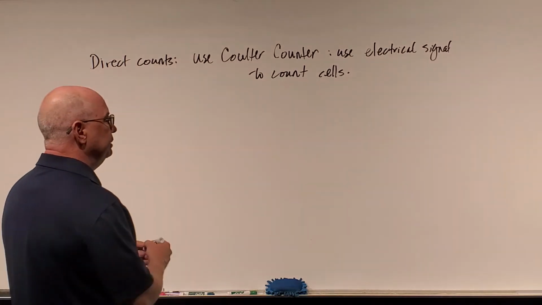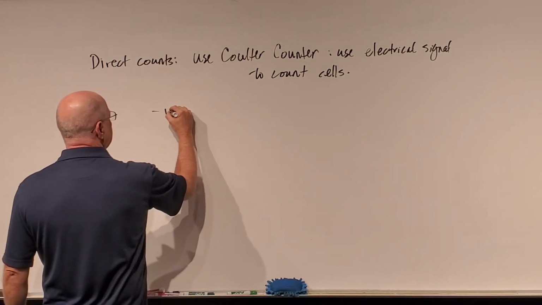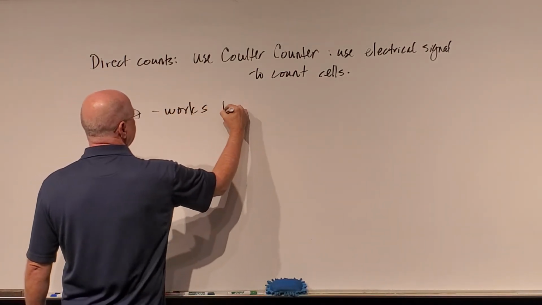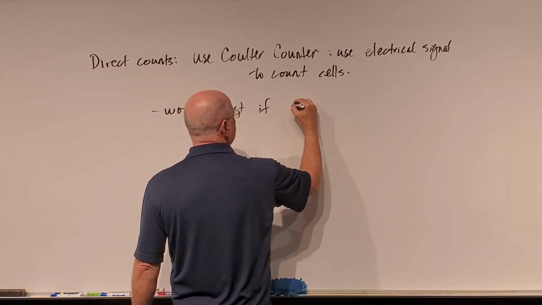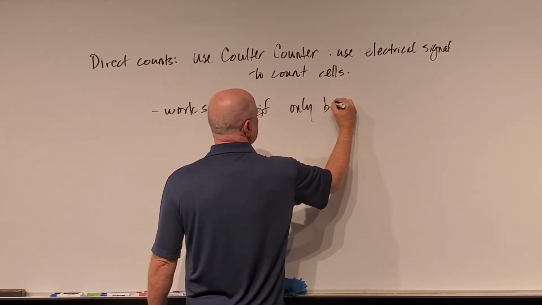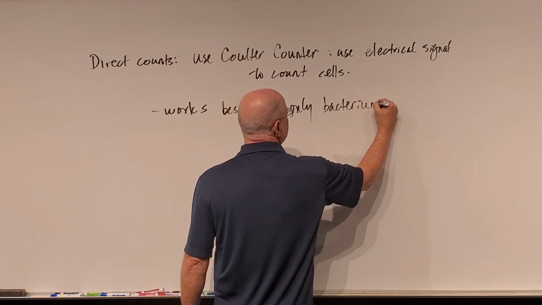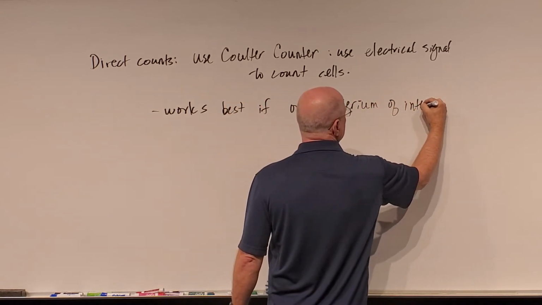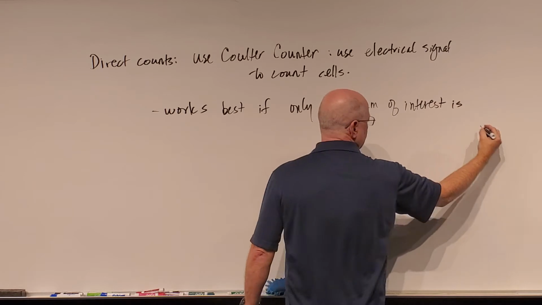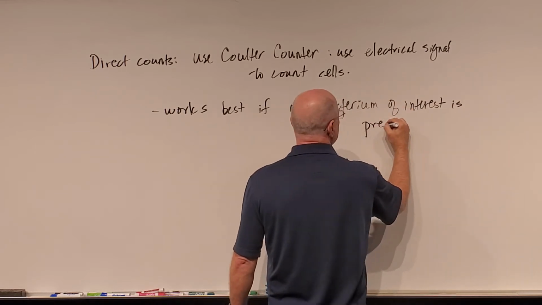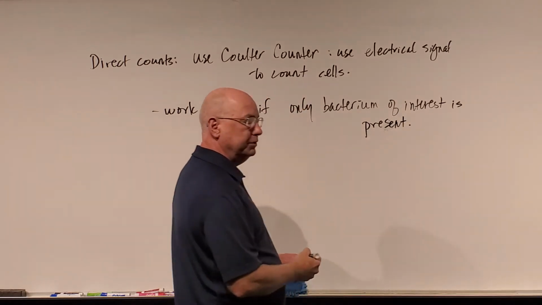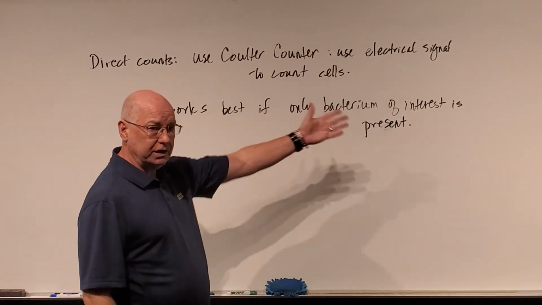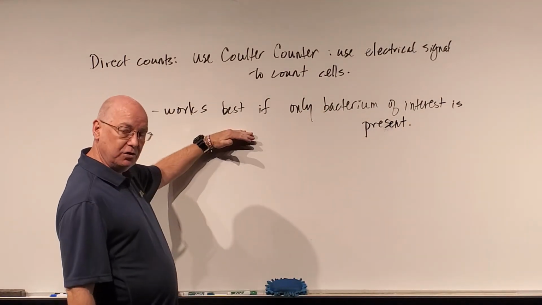One of the problems is it works best if only the bacterium of interest is present. So if I'm trying to count the number of, say, E. coli in a sample, and the sample is contaminated, I'm going to get a cell count, but I may not get the number of E. coli.